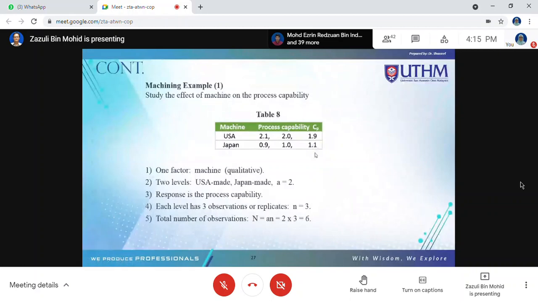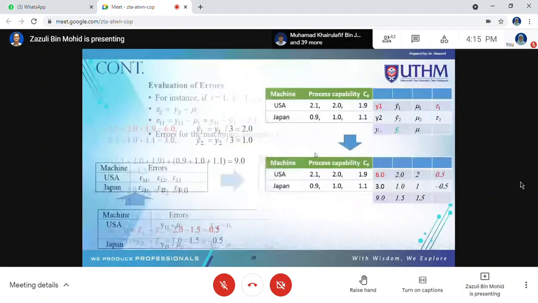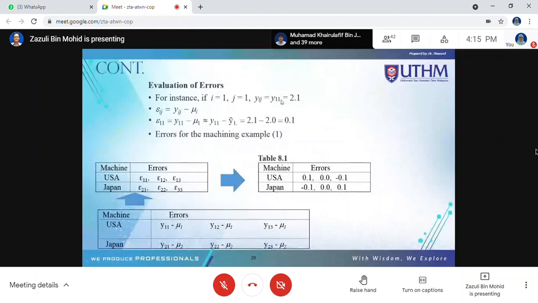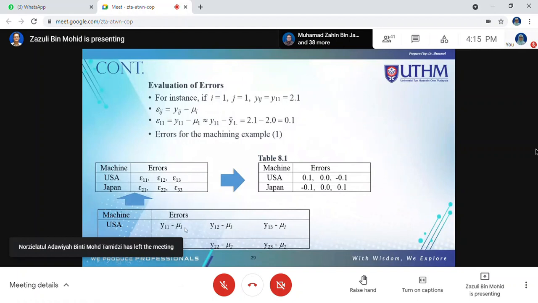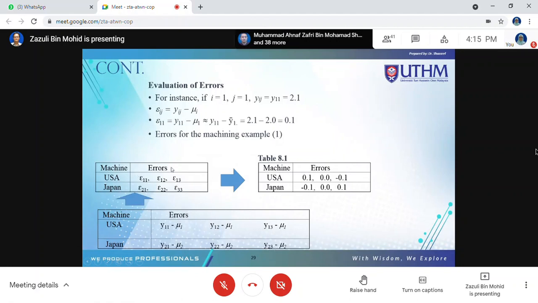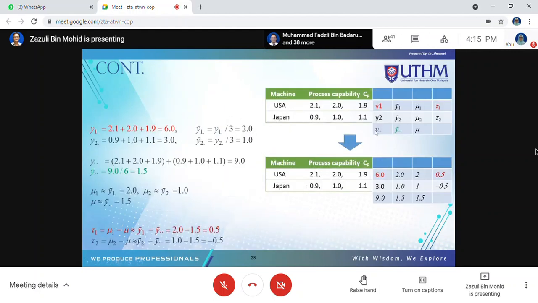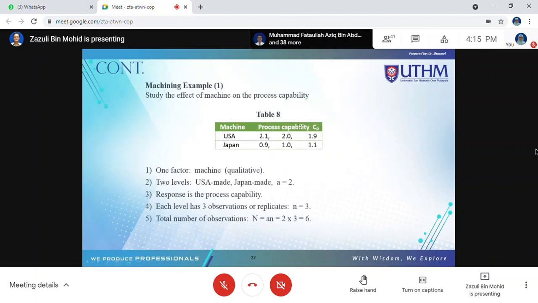Okay, that's what it means by y11. Okay, so in this case you have y11, y12, y13, y21, y22, and y23. So actually this value here is the error between the mean and all of the values in the table here.